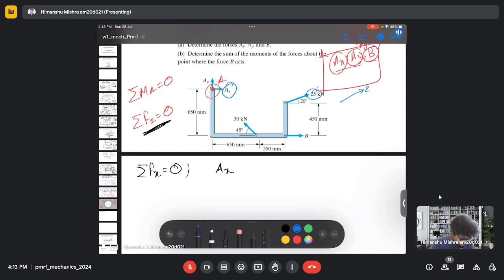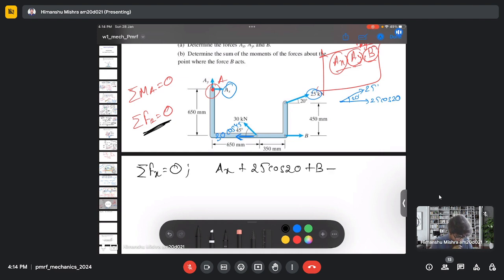So we have 25, and this is my 25 cos 20, which is in the x direction.